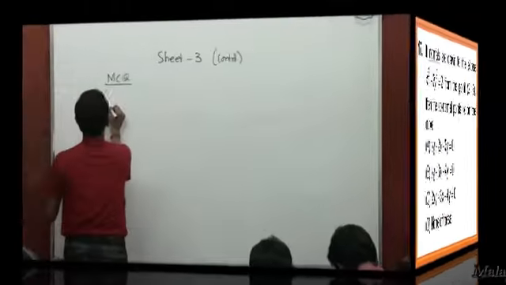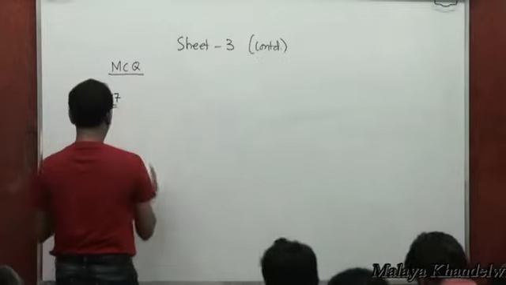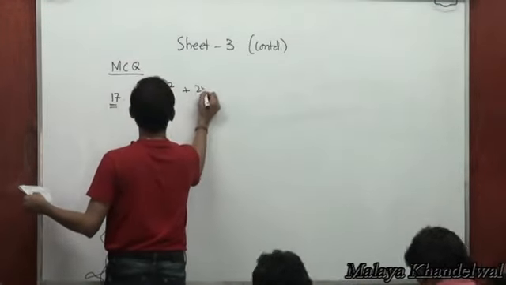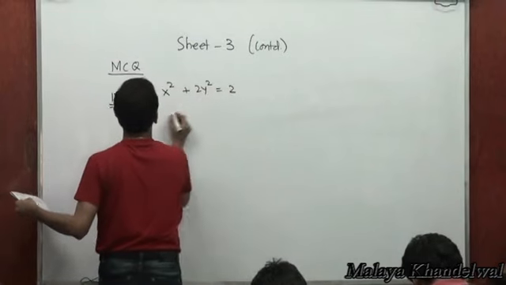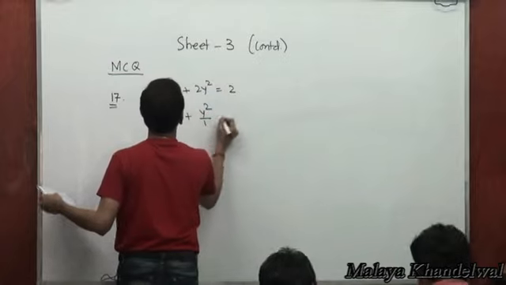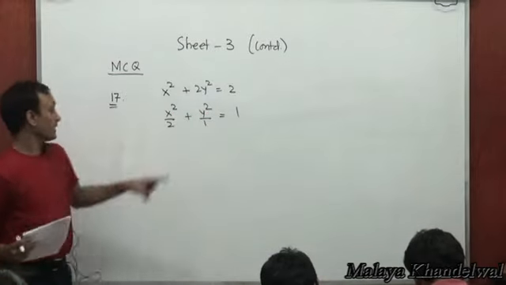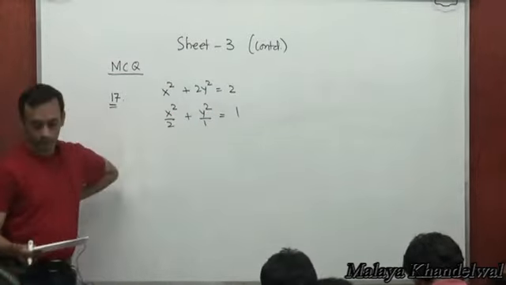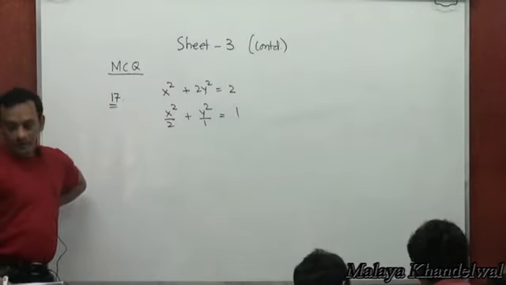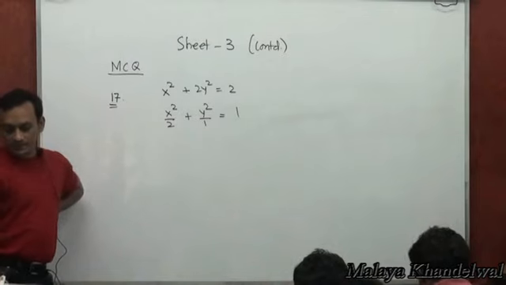Now, problem 17. There is an ellipse x squared plus 2y squared equal to 2, which is to say that x squared by 2 plus y squared by 1 equal to 1. That's the ellipse. A squared is 2, b squared is 1 here. And normals are drawn to the ellipse from the point 2, 3.